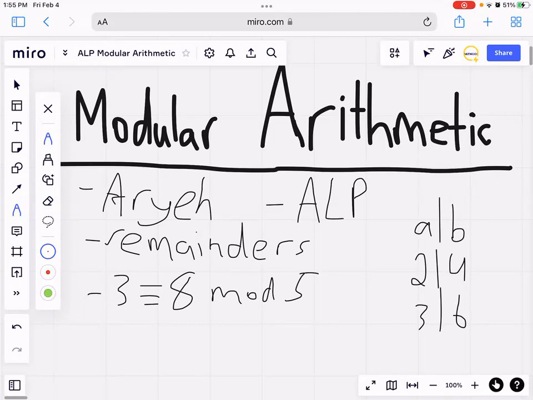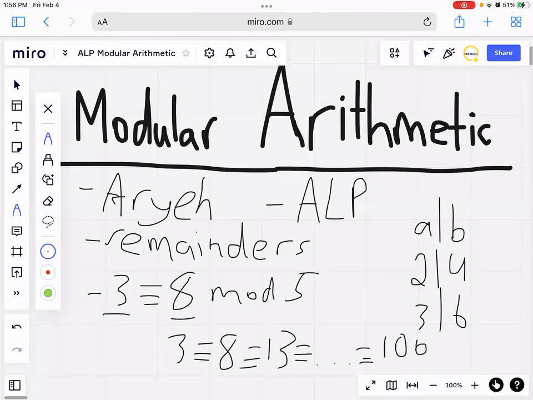Going back to the 3 and the 8 that are congruent in mod 5, we can keep going. 3 is congruent to 8, which is congruent to 13. We're just adding 5 to each of these, and this keeps on going, say to 1,003.